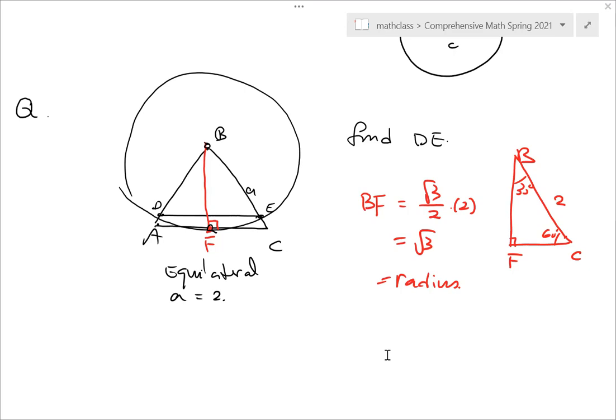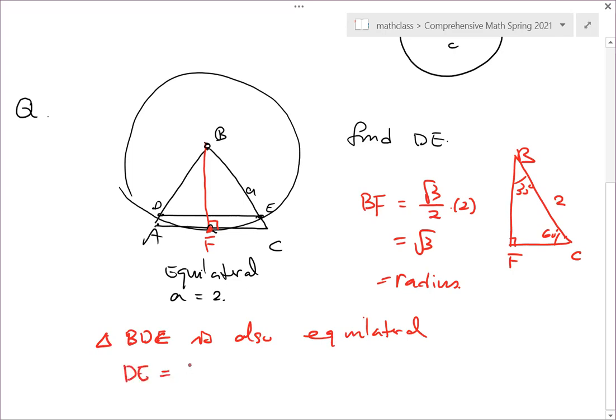But you have to see that the triangle BDE is also equilateral. If you know that, then I think this is obvious too. Then DE equals BD equals BE, all the sides.